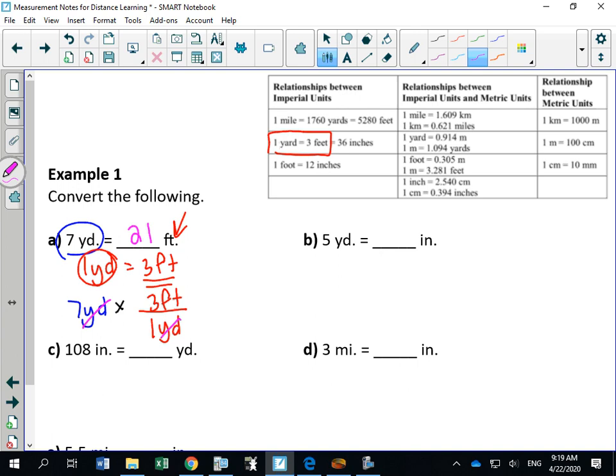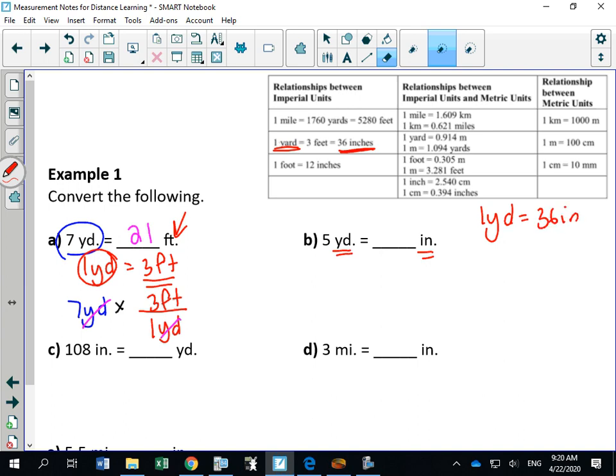Okay, let's do this one. What was the conversion between a yard and an inch on my formula sheet? If I go back to my formula sheet, 1 yard is equal to 36 inches. Okay, so what was step 2? Once you have your conversion, take what you were given, always say multiply, and you're going to multiply by the conversion.